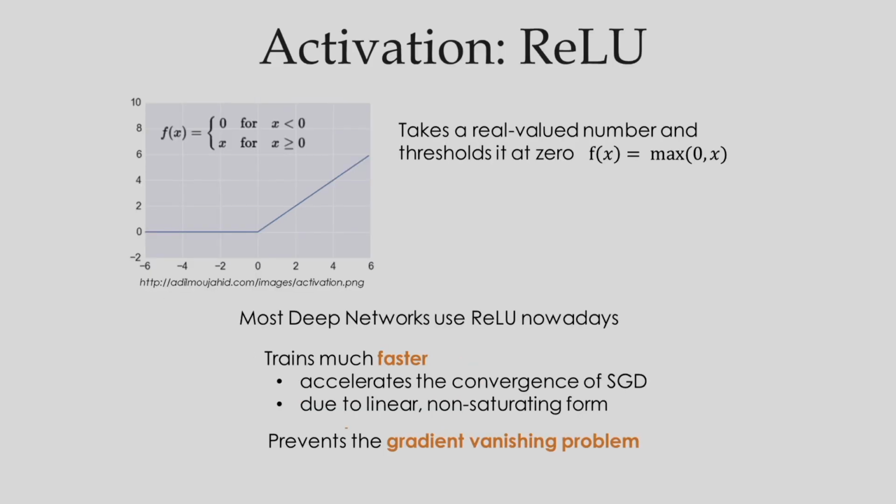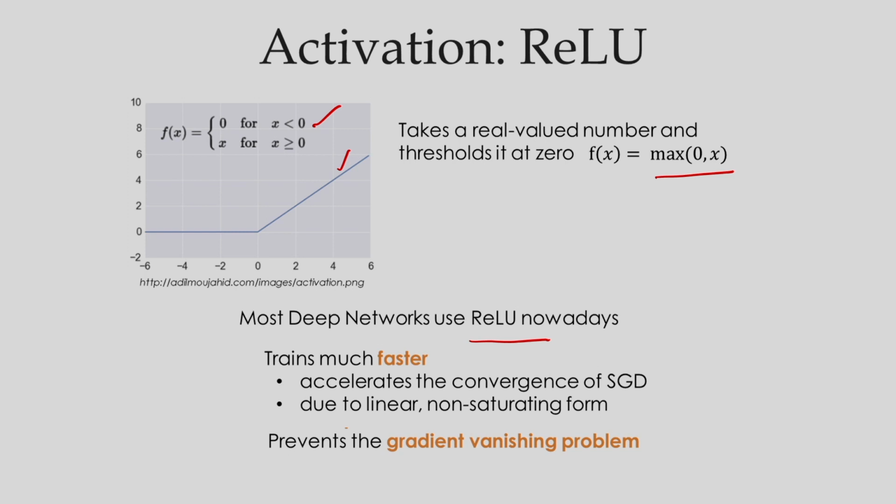So that is why in most of the deep networks, in convolution neural networks, we use the ReLU function. That is, the ReLU function is f(x) is equal to 0 for x less than 0, and it is equal to x for x greater than or equal to 0. So it takes a real value number and thresholds it at 0, f(x) is equal to maximum of 0 and x. So you can see it is a linear function.